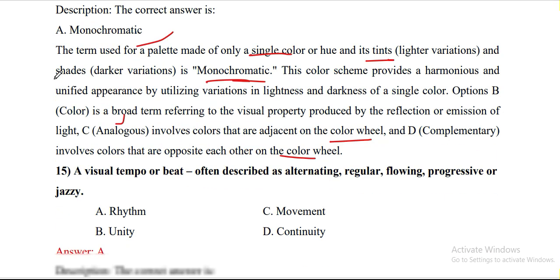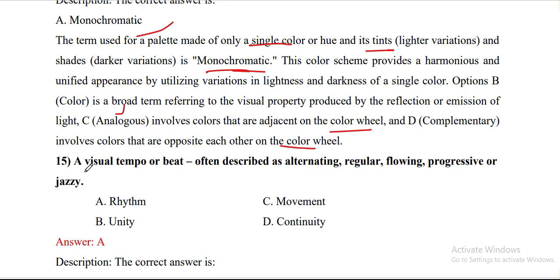Next question. Question 15. A visual tempo or beat, often described as alternating, regular, flowing, progressive, or jazzy, is: A. Rhythm, B. Unity, C. Movement, D. Continuity.